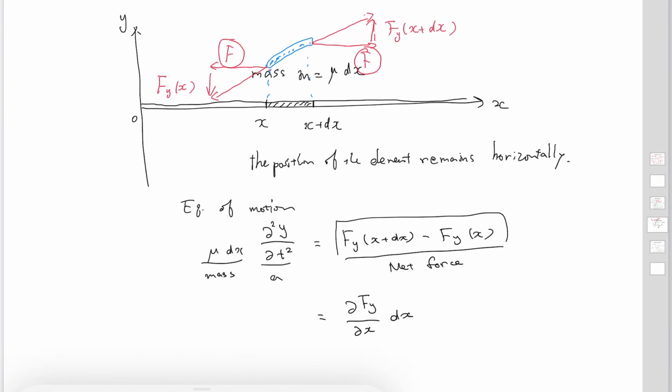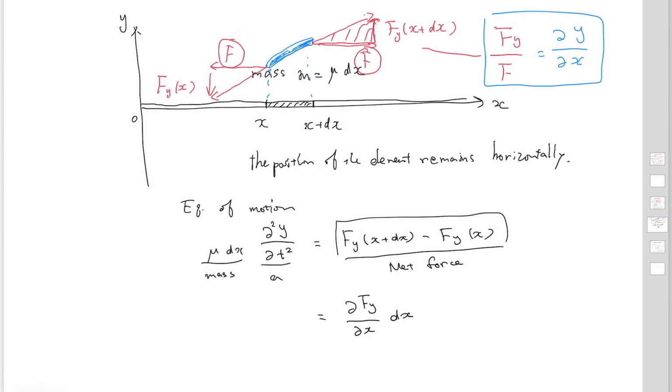And then also from these triangles you can find that F sub y over F corresponds to the slope of this curve. So the slope of this curve is equal to the partial derivative of y with respect to x. So for F sub y, you can substitute here.